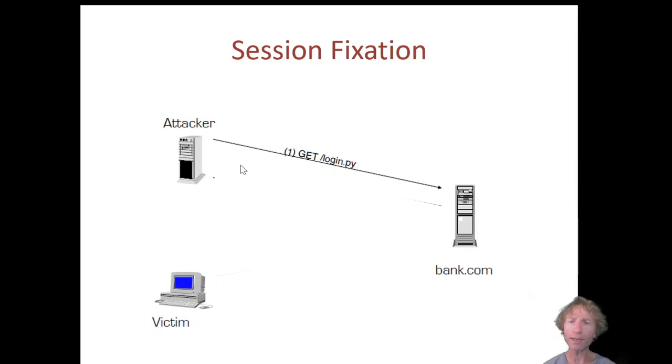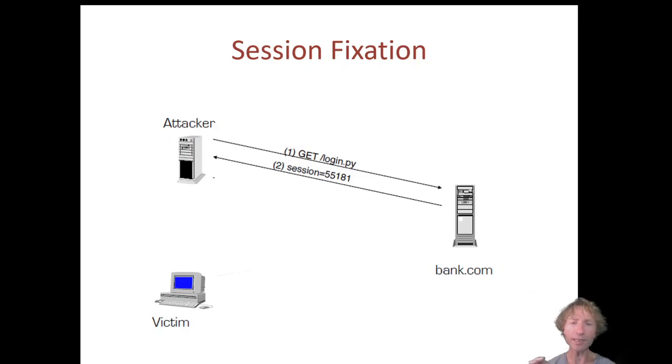So we have an attacker that wants to get access to the bank details and maybe the money of a victim, but of course the attacker doesn't have the credentials of the victim. Okay? But it doesn't need them if the application is vulnerable to session fixation. So in this case, the attacker sets up a login session with the bank and obtains a session ID, a valid session ID 55181.